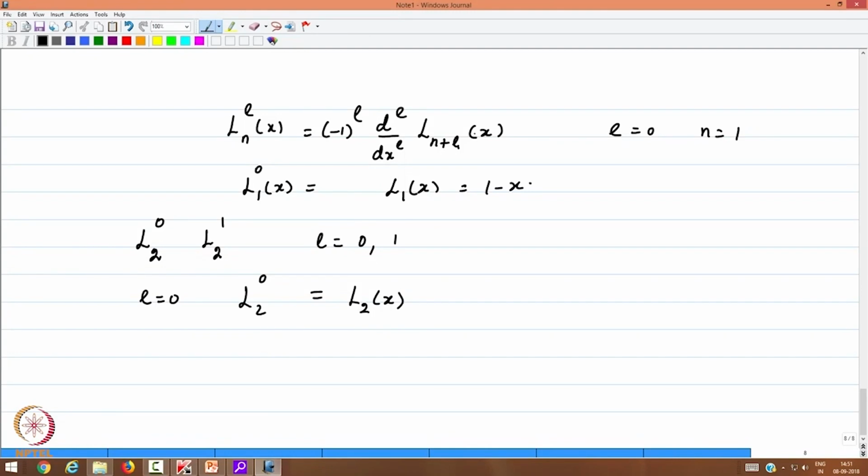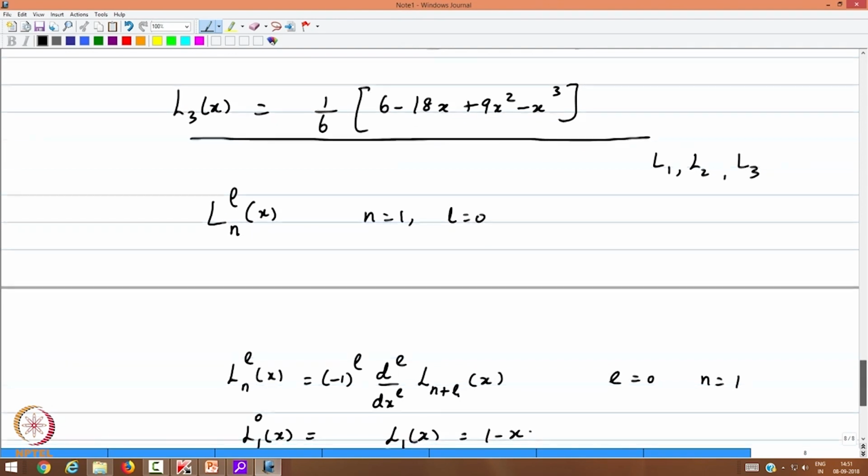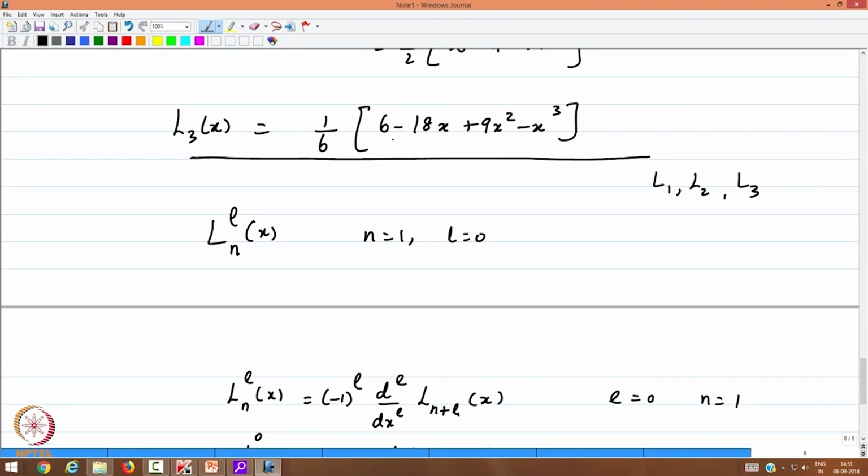Now, L2 of 1 is minus 1 d by dx of, since n is 2 and L is 1, this is L3 of x. So, L3 of x we have calculated already. Take the derivative of this, and you will get minus 18 plus 18x.